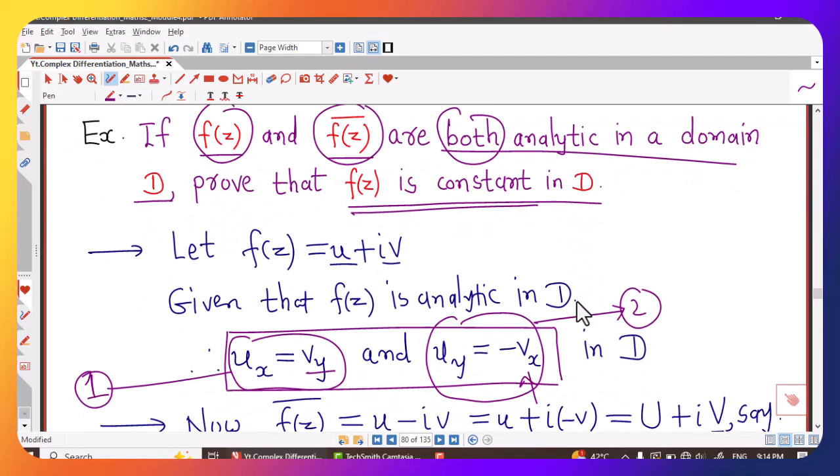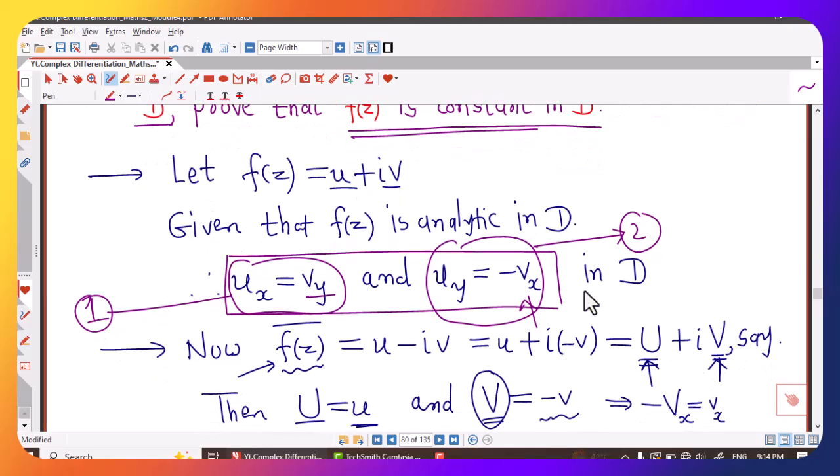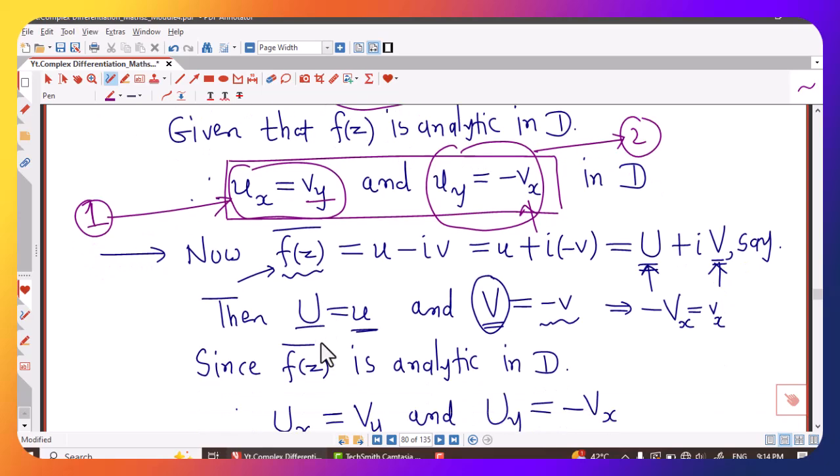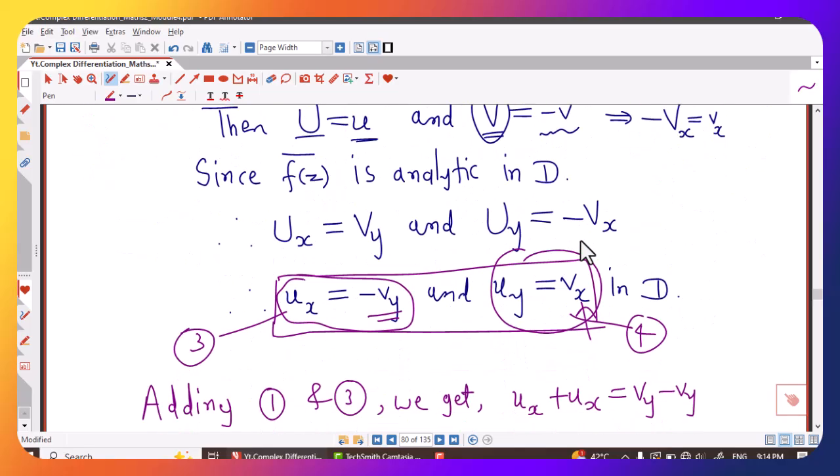And what we have used is just Cauchy-Riemann equations. First we use the fact that u plus iv is analytic, and we write down one set of Cauchy-Riemann equations. Then we use the fact that the conjugate of f of z is analytic, and we obtain another set of equations.